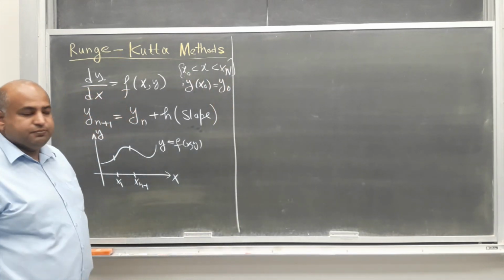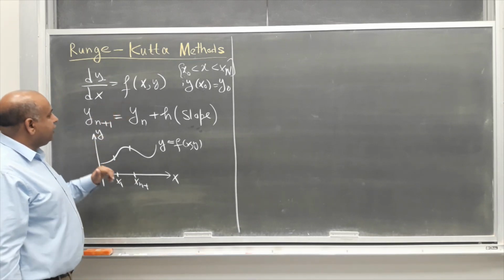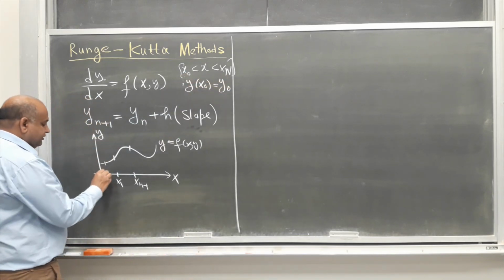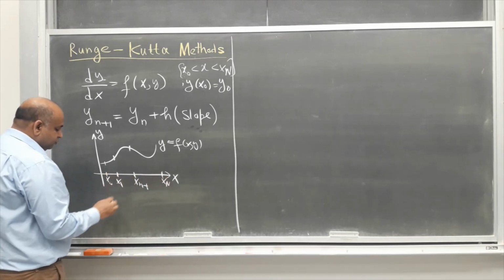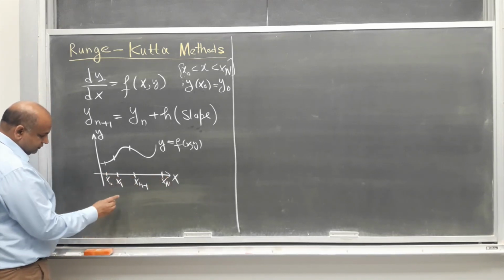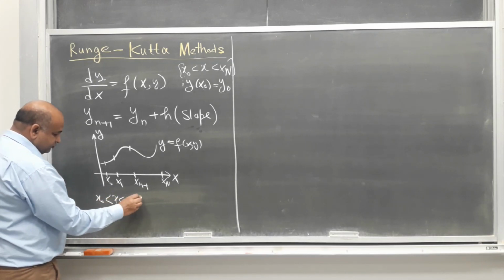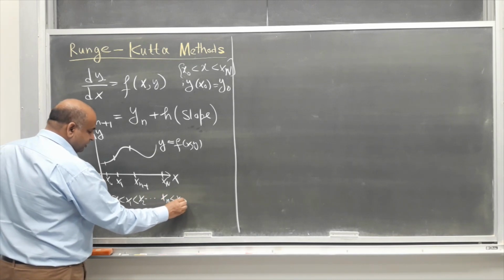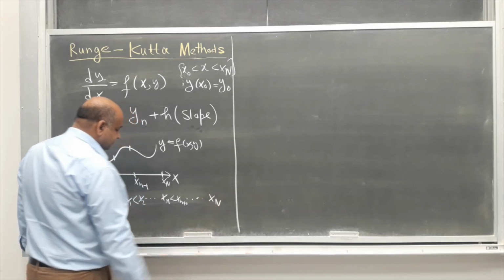This is our problem. Let's begin by converting this interval x naught to some xN into discrete points, let's say x1, x2, some xn, xn plus 1, up to xN.